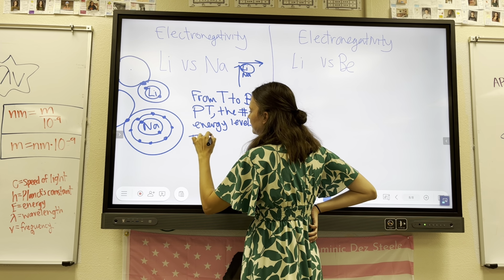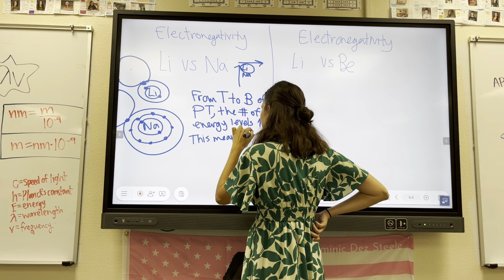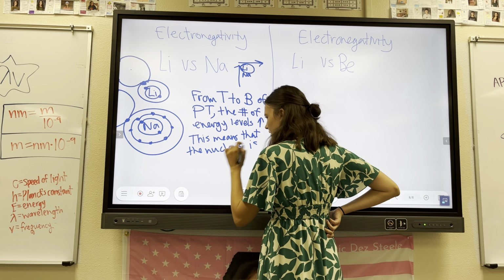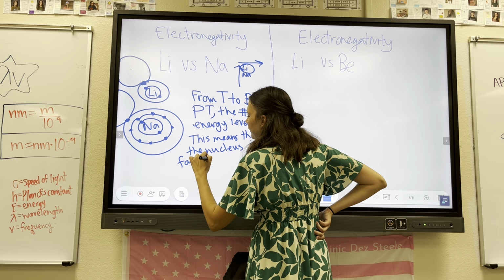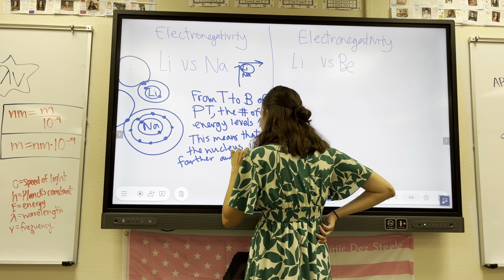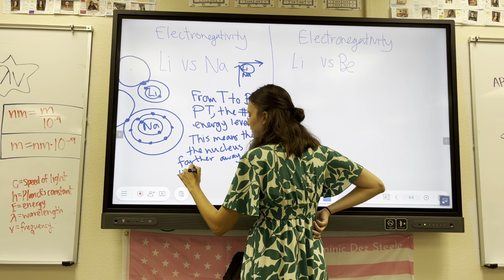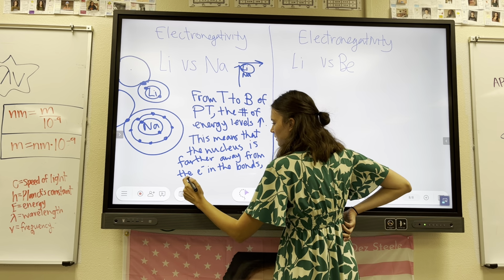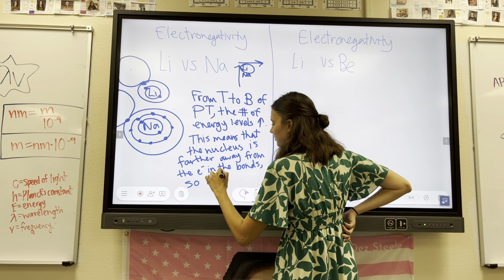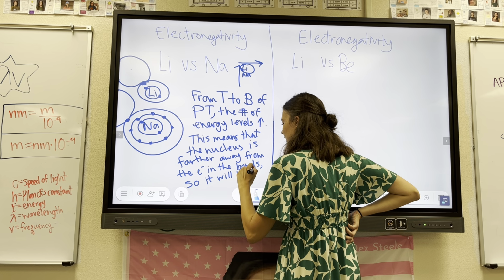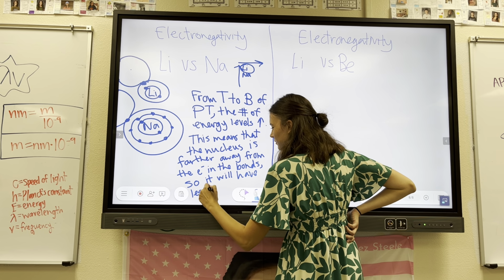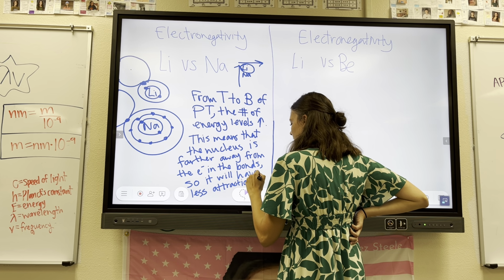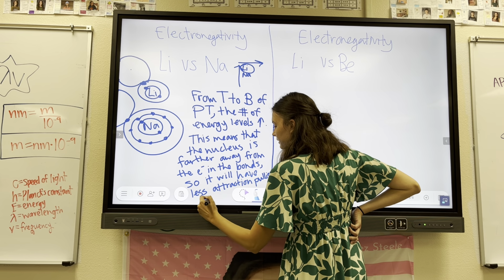This means that the nucleus is farther away from the electrons in the bond. So it will have less attraction pulling electrons in.